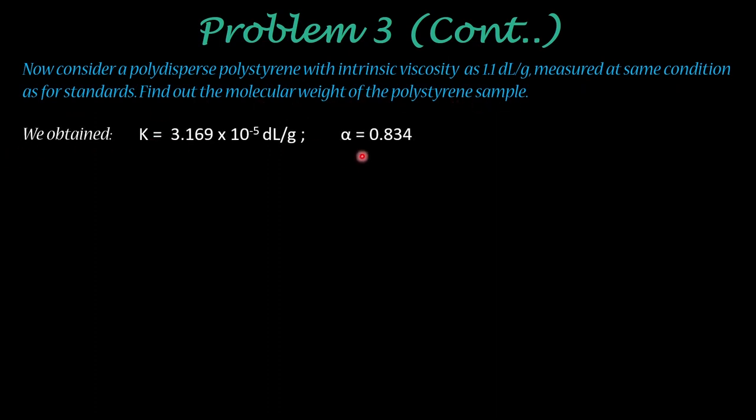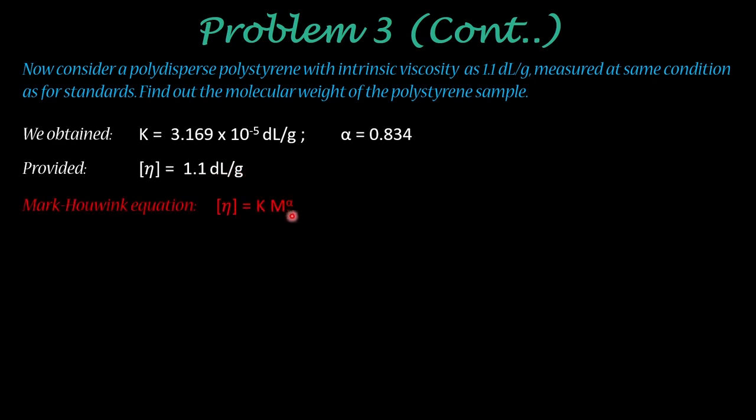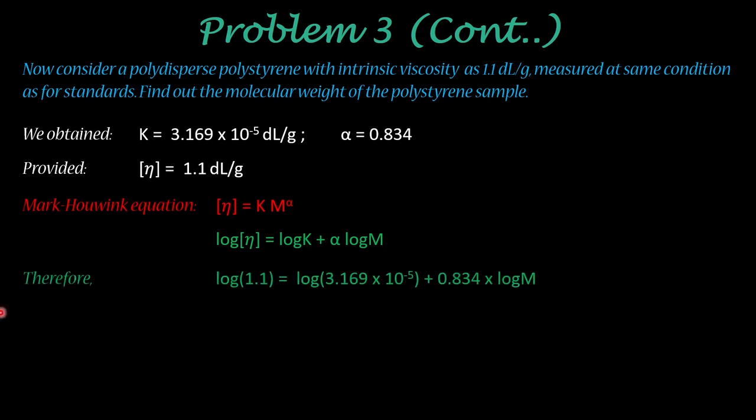We obtained K and alpha values in the previous slide. Now, provided here, the intrinsic viscosity of the polydispersed polystyrene sample is 1.1 deciliter per gram. The Mark-Houwink equation is eta equal K multiplied by M to the power alpha. So if you take log on both sides, log eta equal log K plus alpha multiplied by log M.